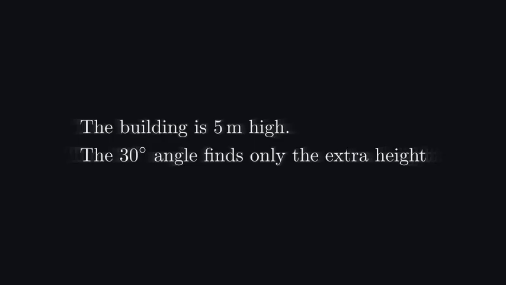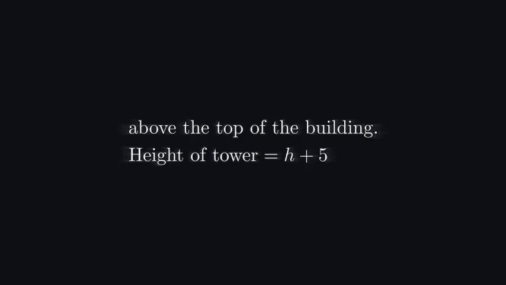The 30 degrees angle finds only the extra height above the top of the building. Height of tower equals h plus 5.